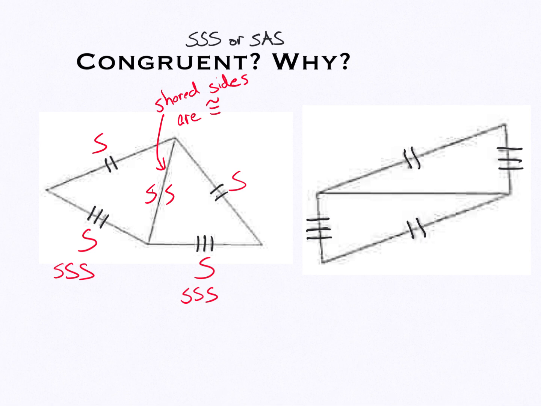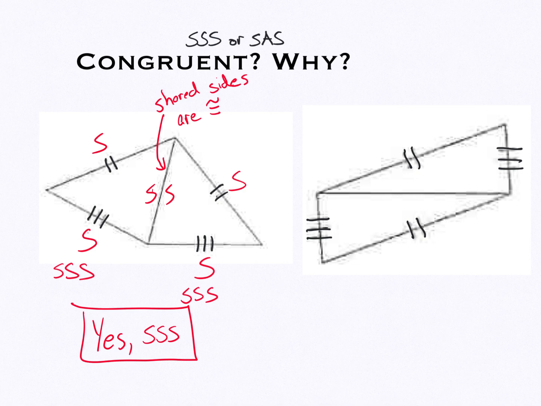Okay. Is that SSS one of our theorems? Yes. So this one it's congruent. And the reason is SSS, or triple S. Your reason will just be whatever theorem it is that proves it. Questions on that one? All right, next.